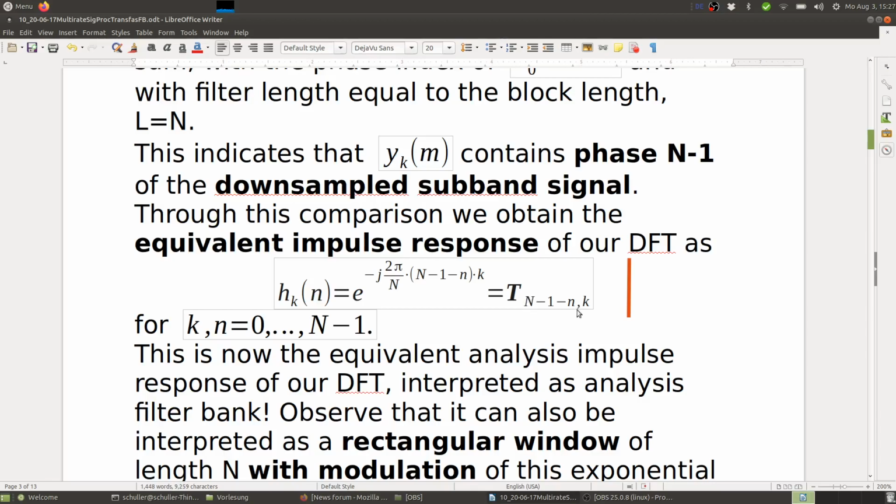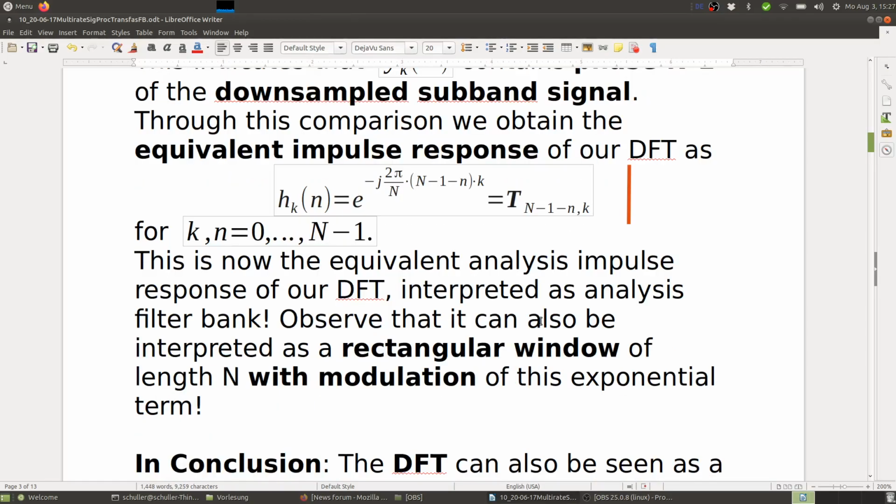And that's the transform matrix where the rows are time reversed. So that's convenient. This is now the equivalent analysis impulse response of our DFT interpreted as analysis filter bank. If we have our transform matrix, we can read out the impulse response of the equivalent analysis filter bank by just time reversing or flipping the rows.